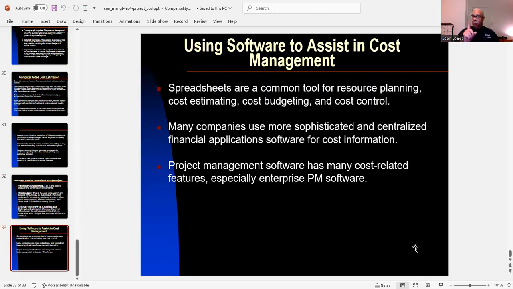And using software to assist in cost management. Now, I did mention this early. Spreadsheets are a common tool for resource planning, cost estimating, cost budgeting, and cost control. More companies use more sophisticated and centralized financial application software for cost information. Project management software has many cost related features. And again, when we deal with costs, we look at labor, we look at materials, we look at equipment.